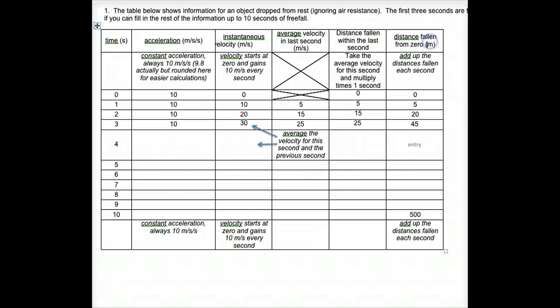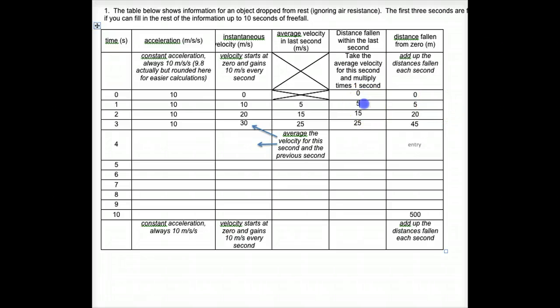Then we want to know, well, how far did it fall from when it was first dropped? So we're going to take these and add up the distances fallen each second. It started at 0, it fell 5 meters, and we know that it fell a total of 5 meters in that 1 second.